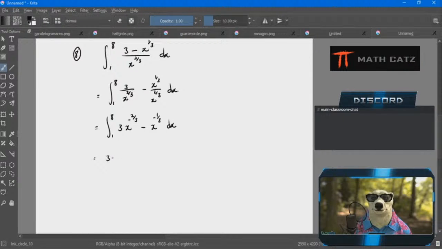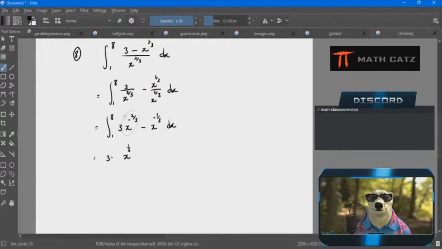I don't love the 3. I focus on the essence of the function, and then look at what the power rule is going to do to get me to this target. The power rule is going to take some power of x, subtract 1, and then give me negative 2/3. So that has to come from 1/3.